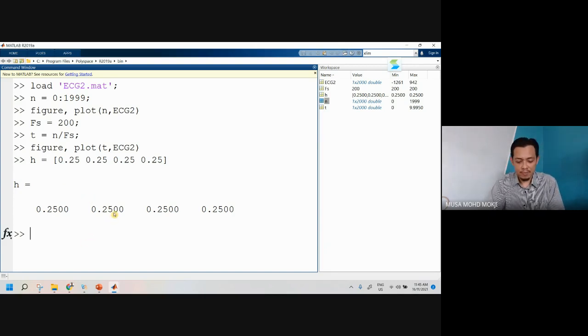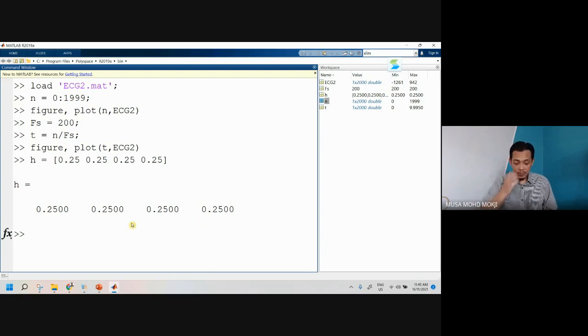FIR or IIR? You should be able to answer this easily at this stage. FIR, yes, correct, because we can count that. This is just 1, 2, 3, 4 samples. So what is the length? The length is 4 samples. Finite. It's not infinity.